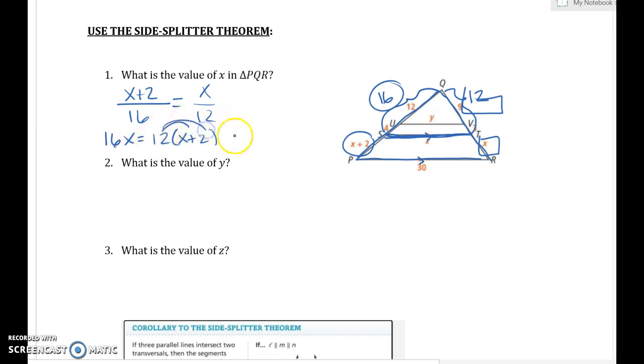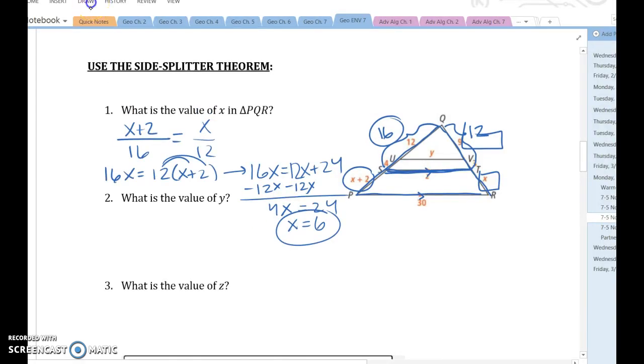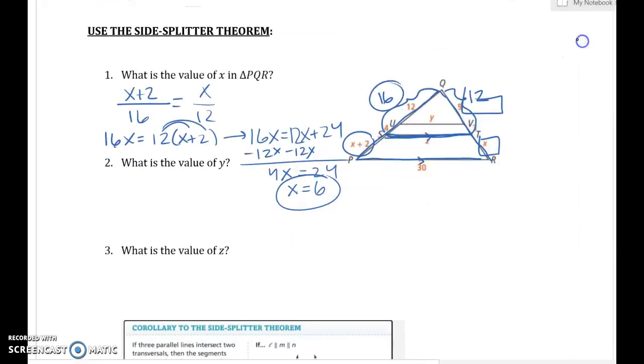So we have 16X equals 12 times X, which is 12X, plus 12 times 2, which is 24. We subtract 12X from both sides, we get 4X equals 24, so X equals 6.